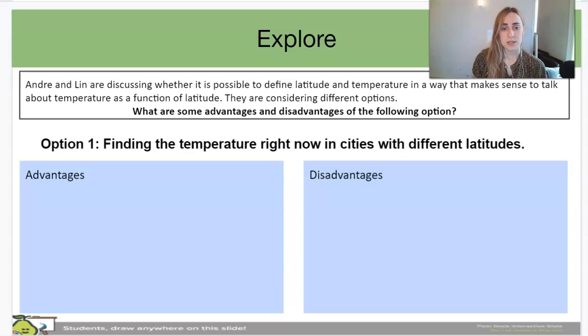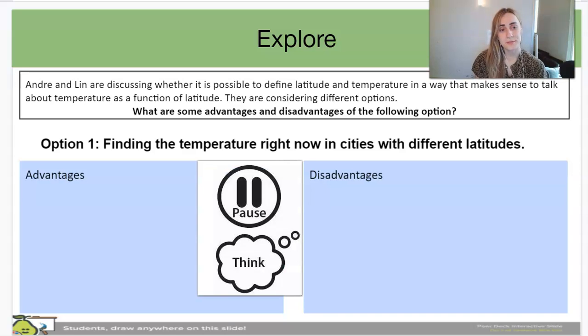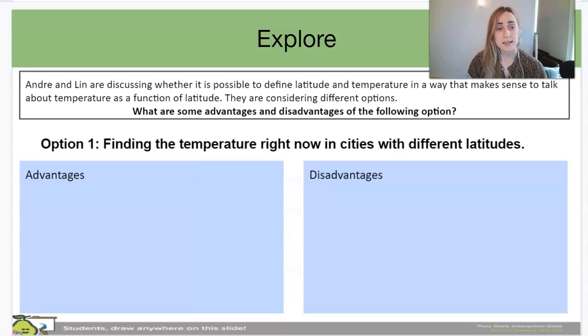So our first option is what are the advantages and disadvantages of finding the temperature right now in cities with different latitudes by talking about temperature as a function of latitude. So decide on the advantages and disadvantages here. And when you're ready, we'll move on to our next option.